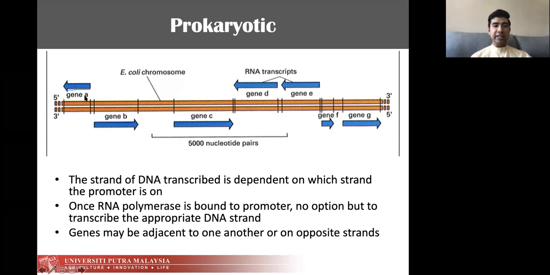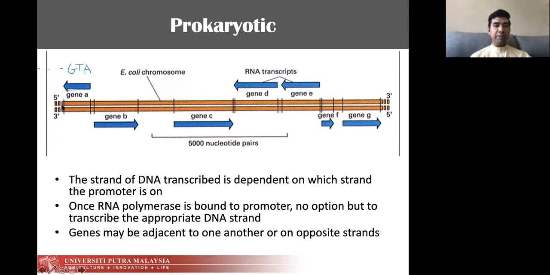So if the gene is A here, meaning its coding sequence would be A, T, G, the rest just follows.